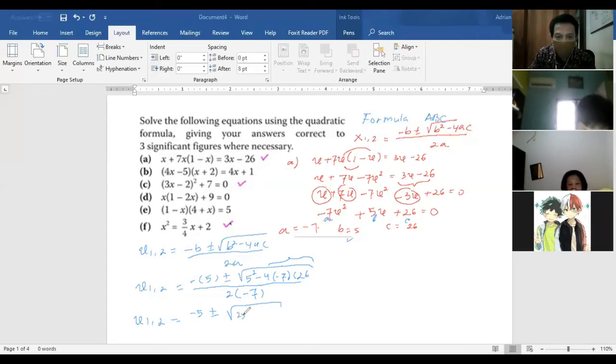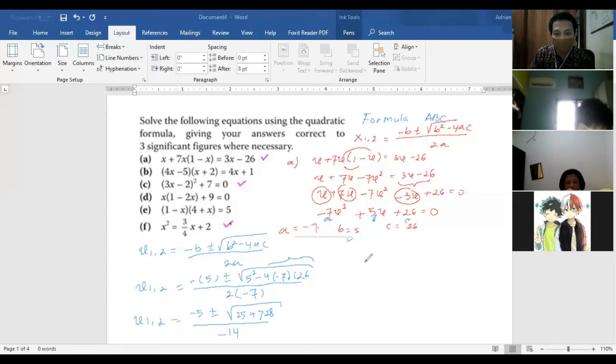So here is 25, and then minus times minus, so you'll find plus, right? So you're going to do 4 times 7 times 26. We get 728. Okay? Over minus 14. Is it clear, everyone?